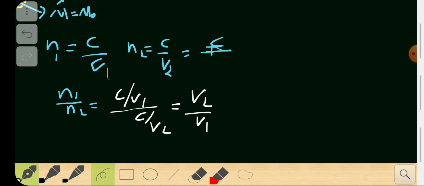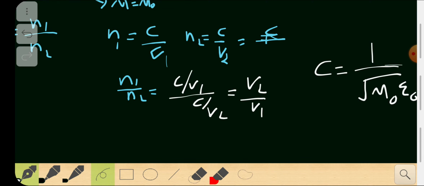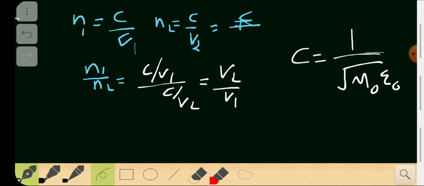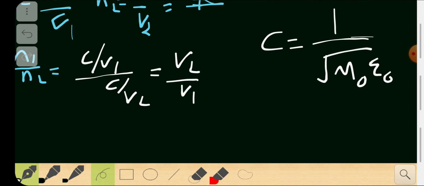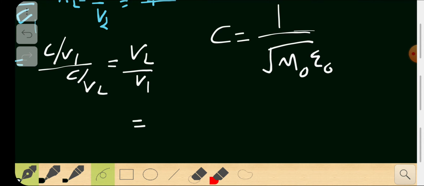The velocity in a particular medium of permeability and permittivity will be 1 by root of mu epsilon. You know that. Now you can put this into this equation, v2 by v1.